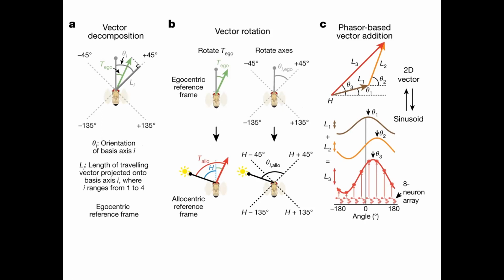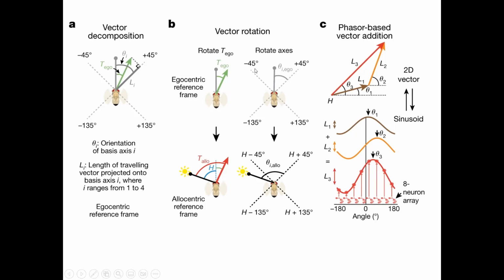According to their findings, and they made a lot of measurements, first you can observe directly that the ellipsoid body tracks the heading direction. Now, what they showed in this paper is that they also have the H delta B cells.